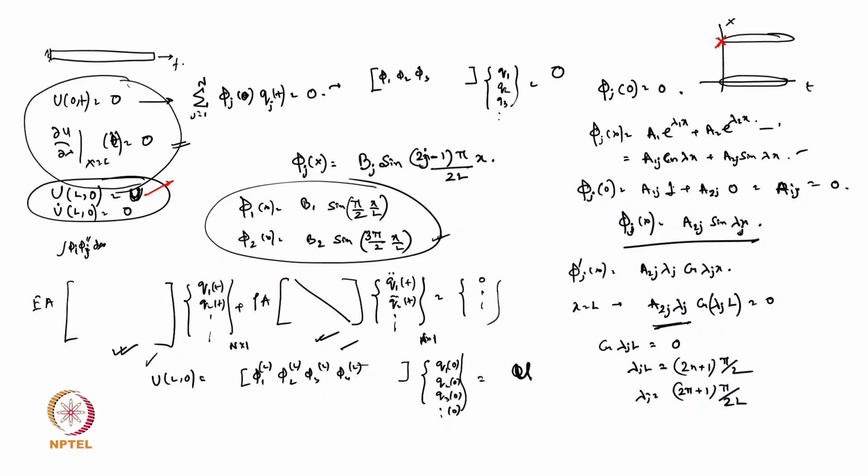Now the question is, once it is coming this way, phi 1 L, phi 2 L, phi 3 L, phi 4 L, and the q things are coming. These will give you a particular value, because now phi is known to us. So this will give us some value.